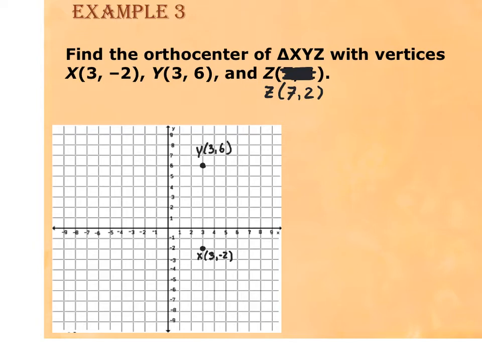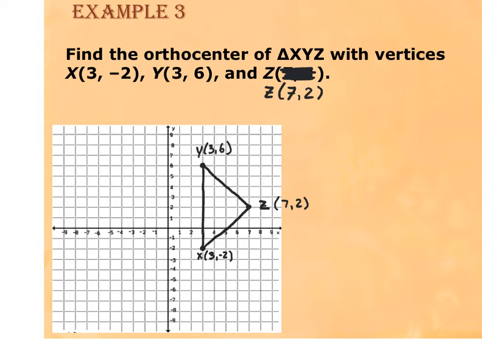And z is at 7, 2. All right. Our triangle looks like this. We have a triangle there.